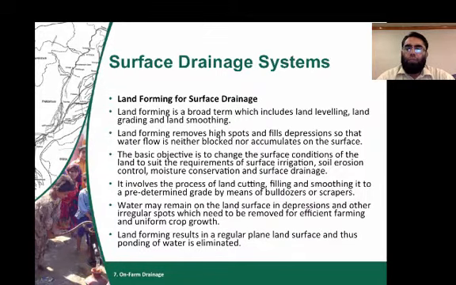The main objective of this land forming operation is to change the surface condition of the land to suit the requirement of surface irrigation, soil erosion control, moisture conservation, and surface drainage. So land forming operation basically results in a regular plain surface, in which the ponding problem is minimized.